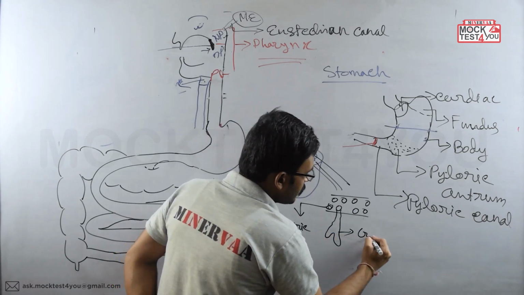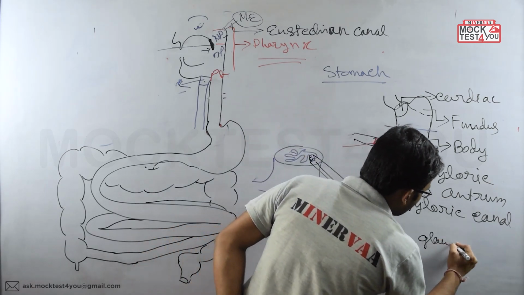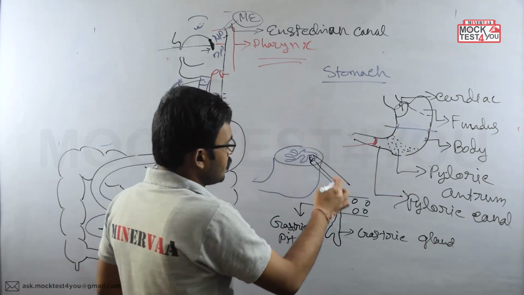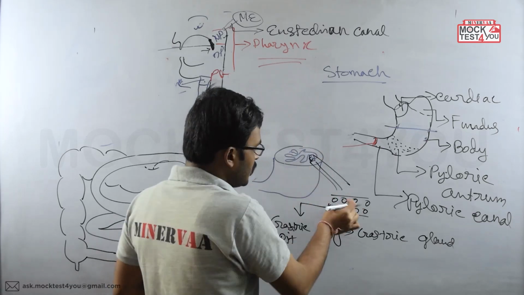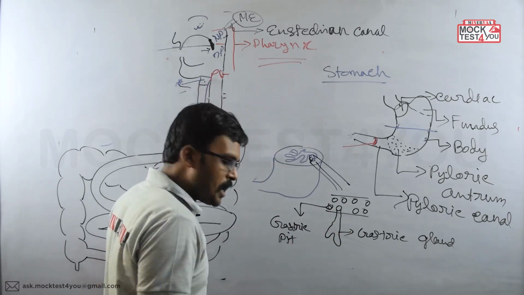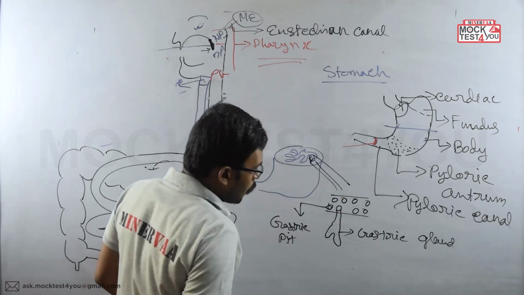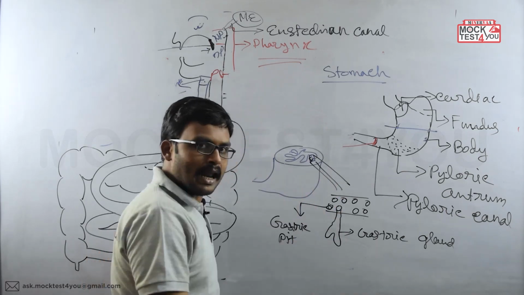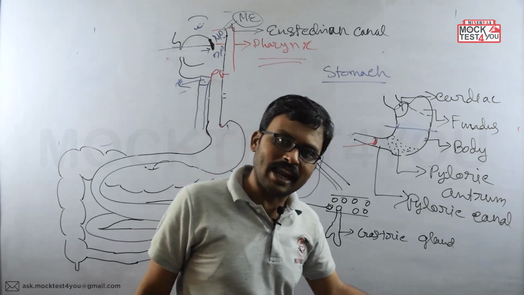That gland is known as the gastric gland. So first of all, on the surface area we are getting many porous structures, known as gastric pits. Now if we go down through the pit, in the wall we are getting many glandular structures, and these glands are known as gastric glands.